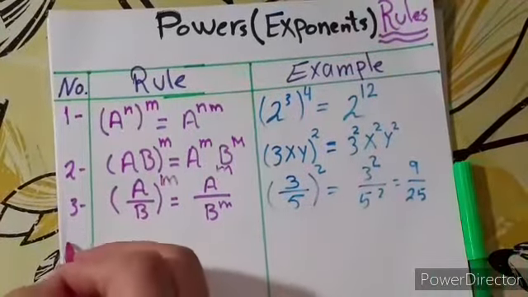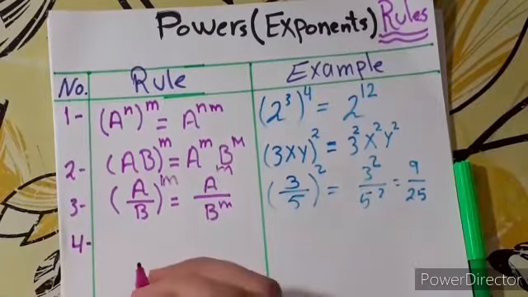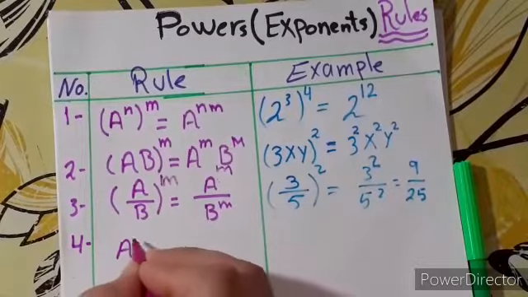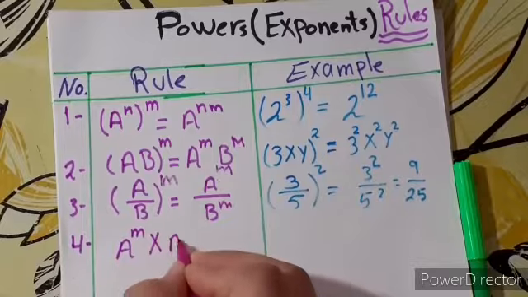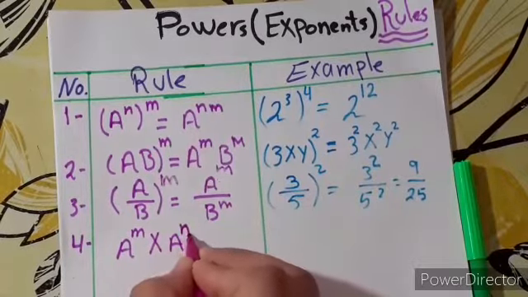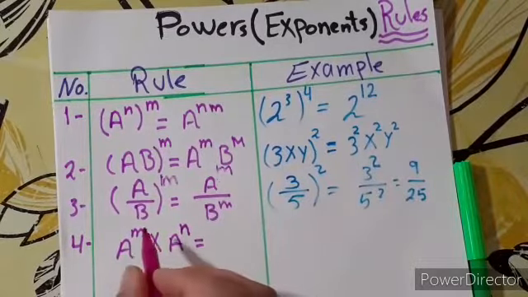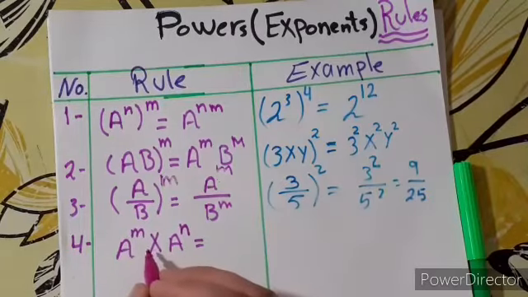Number 4. Now, if we have the base A of power m multiplied by the same base A but power n, now we have the same bases A and A but different powers m and n, and we multiply the two numbers.